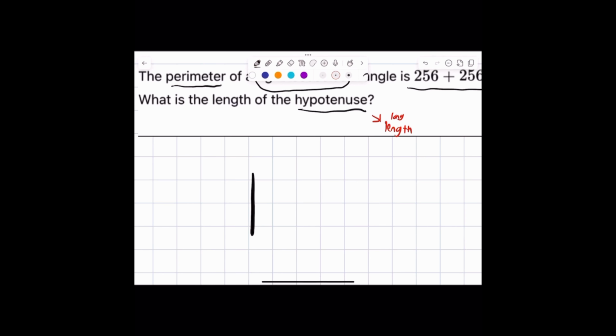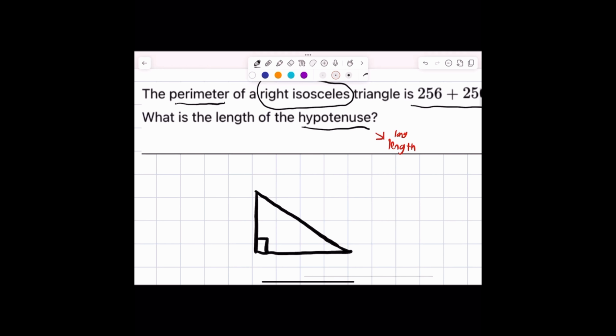But let's draw our triangle first off. So they said a right isosceles triangle, so right angle and isosceles. What does isosceles mean? So isosceles means that a triangle has two equal sides. So what if I said this side and this side are equal?